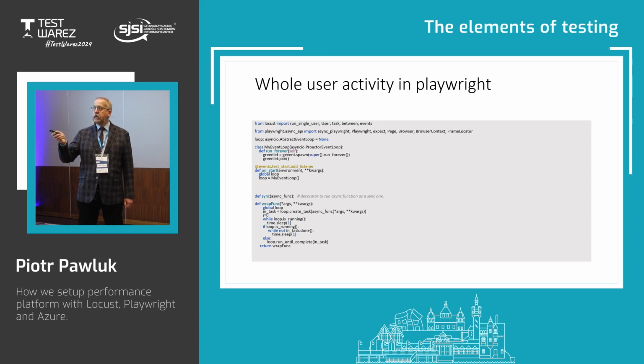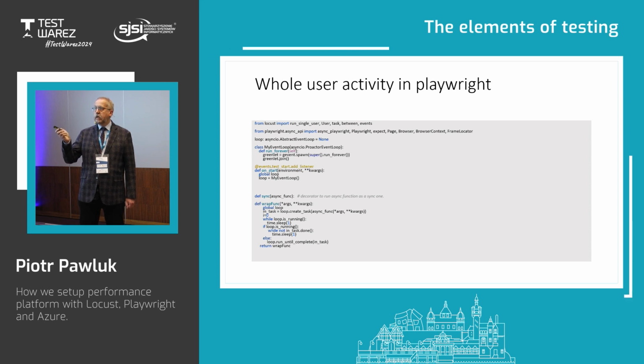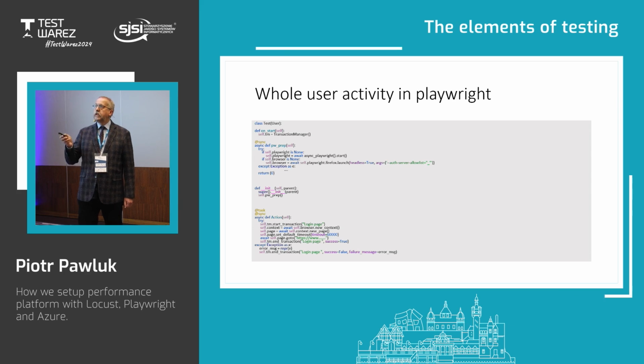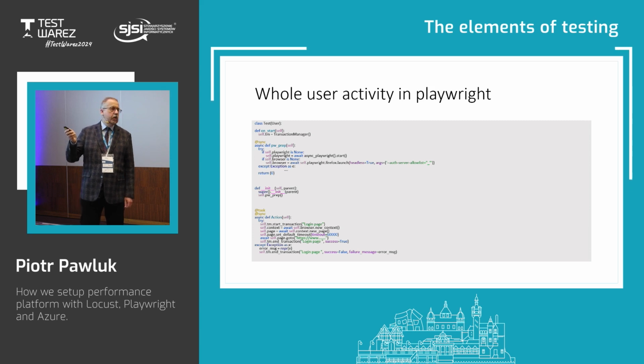So generally, in the loop, just run, and until the task is done, sleep. For the whole test activity in Playwright, we have some preparation, so starting Playwright and the browser. It is generally copied a little bit from this Locust plugins.